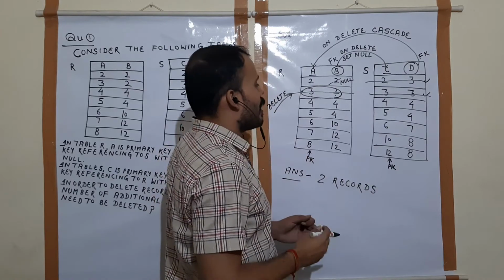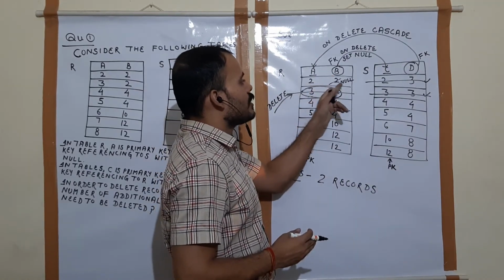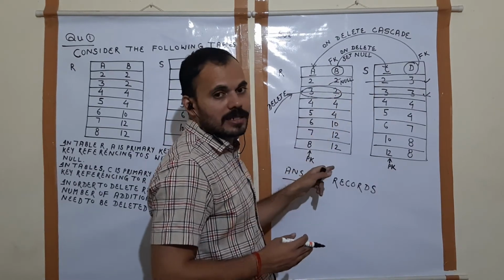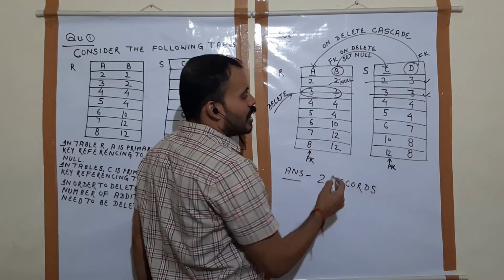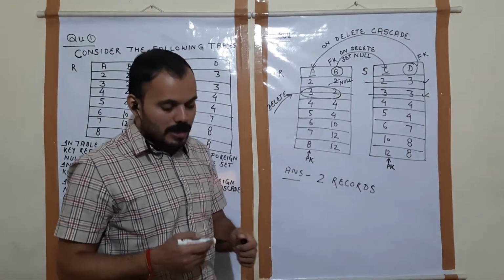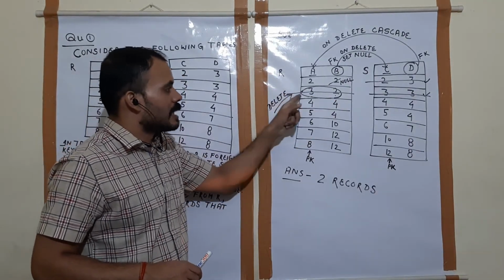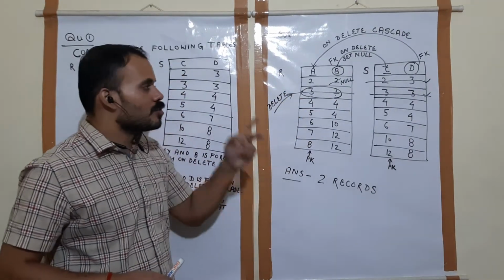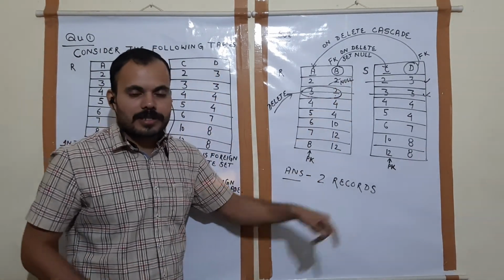So wherever we find the foreign key value is 2 or 3, we will set null. Here I am setting 2 to null, there is no 3, so we don't need to set null, and the remaining will be as they are. So in order to delete the record 3 2 from the relation R, we need to delete two additional records, this and this. So the answer is 2 records. Thank you.